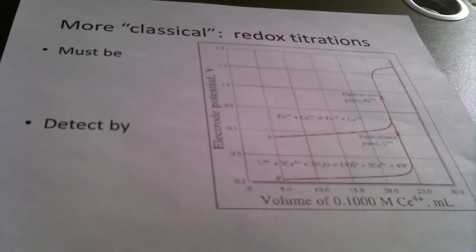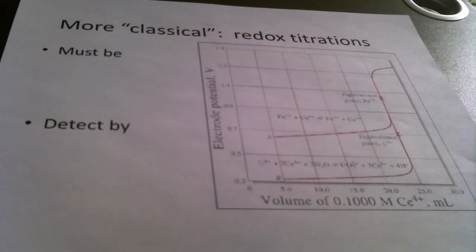So another approach to classical methods for electrochemistry is in titrations. In the same way that we do acid-base titrations or EDTA titrations, you can also do redox titrations. And the math is the same, okay? The only difference is what's the chemistry that's going on to make this happen.